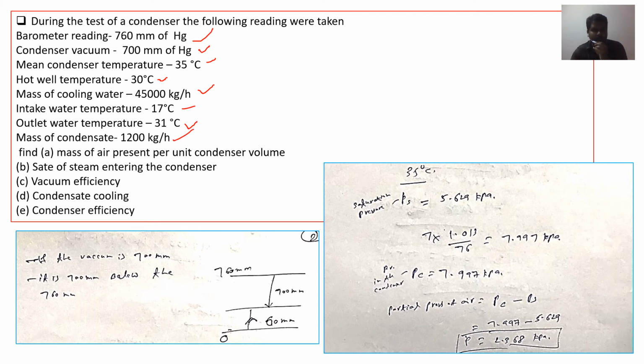Here we have to find the mass of air present per unit condenser volume.